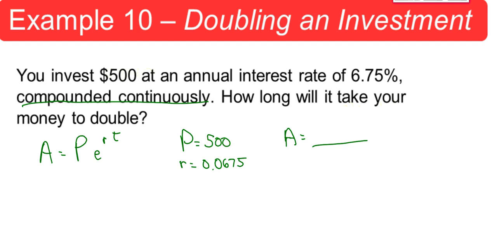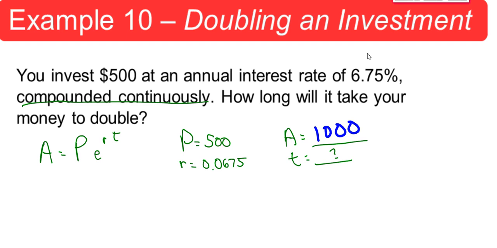So, let me put that line back on there. I'm just going to write 1,000 in there because I have to figure that out. And it says how long, so time is what we're trying to figure out in this one. So there were two things we didn't know immediately, but that A we can figure out.